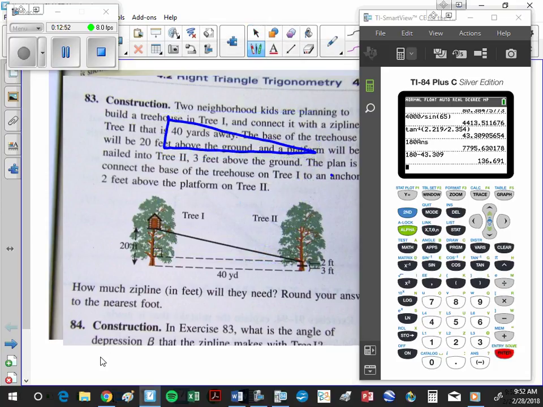What is the base of this triangle? 40 yards. Oh, good. And then the height is, it's not 20, it's actually 20 minus 2 minus 3. So 15 feet, which is 5 yards.